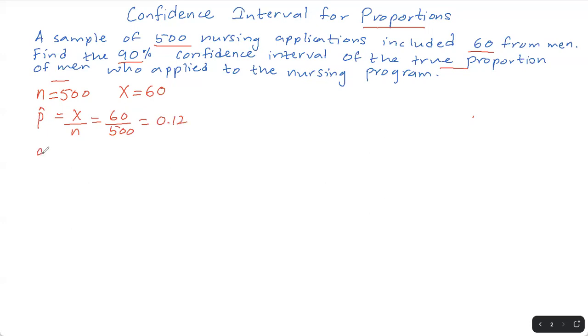And then you know how to calculate q hat, which is 1 minus p hat. 1 minus 0.12, which is 0.88. And now we are looking at a 90% confidence level, right? Confidence interval. So the confidence level is 90%.